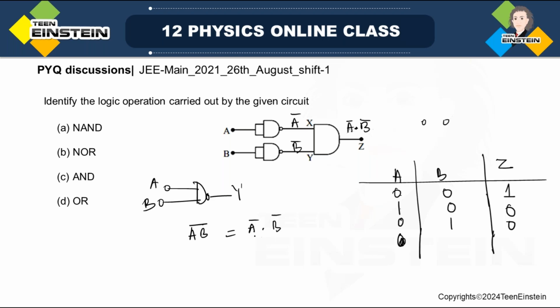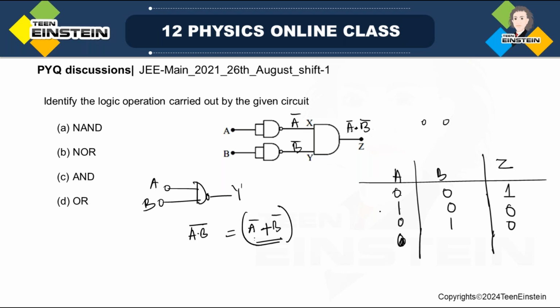So A bar, B bar means if you go for both, see one among them, if this is 1, this is 0. This is actually NAND gate, right? A dot B. I'm sorry, this is A plus B. This will be A plus B.